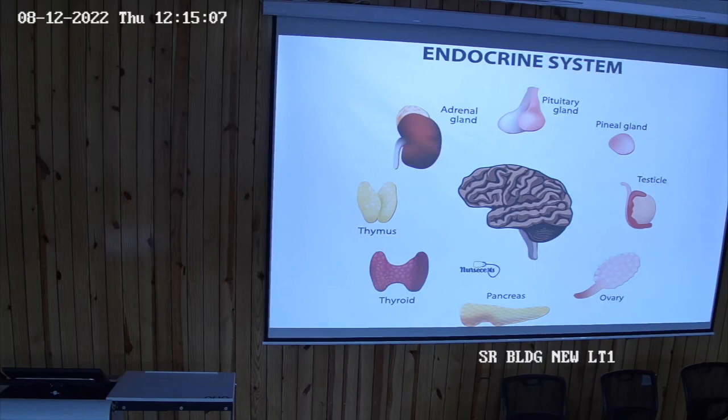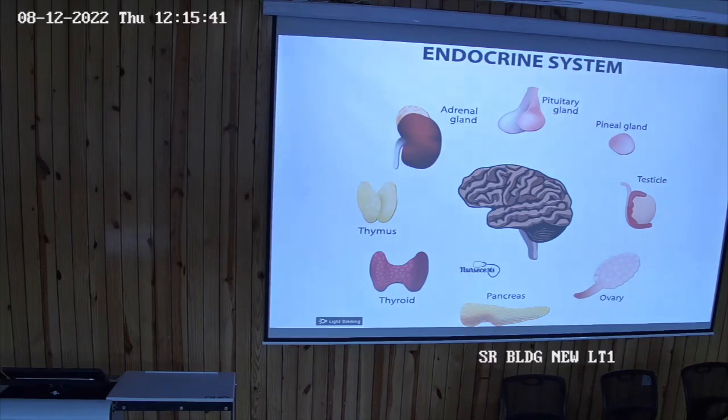Simultaneously, it also secretes LH, luteinizing hormone. The luteinizing hormone again acts on the gonads, and they are responsible for the secretion of testosterone in the male, and for the development of secondary sexual characters.